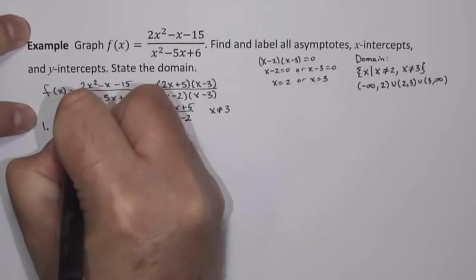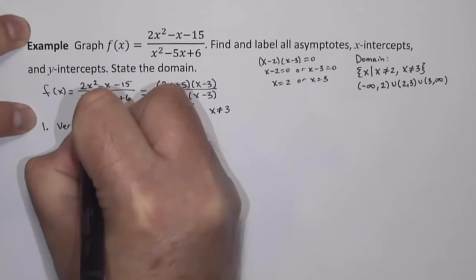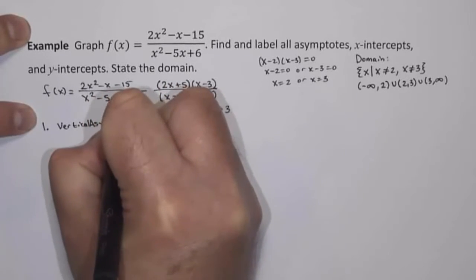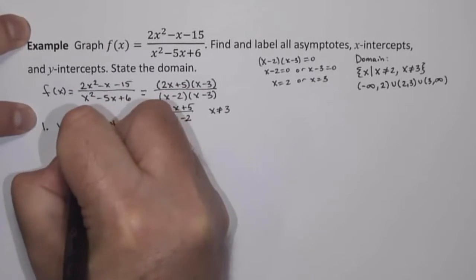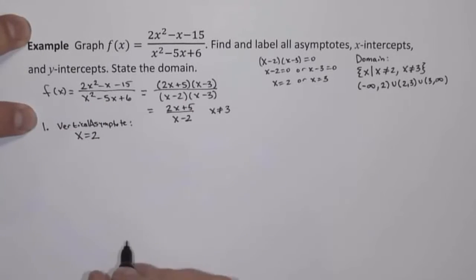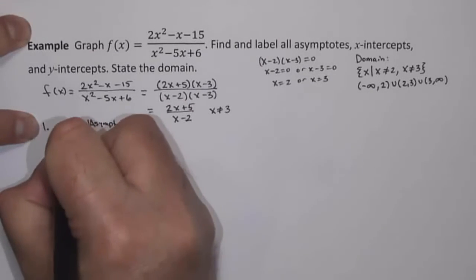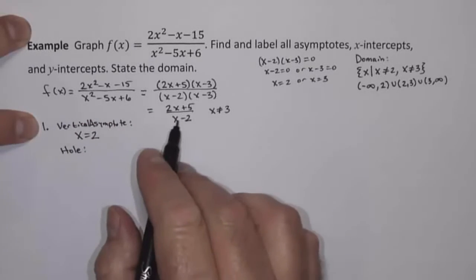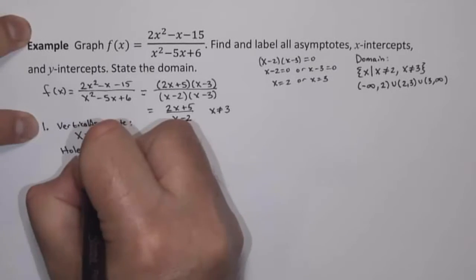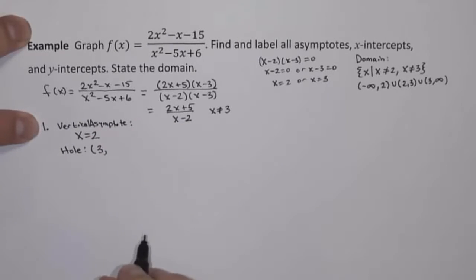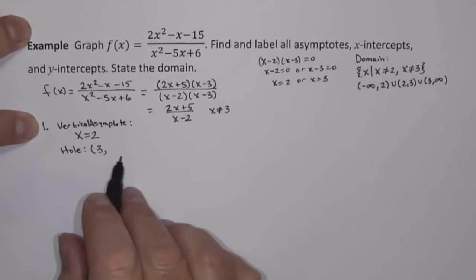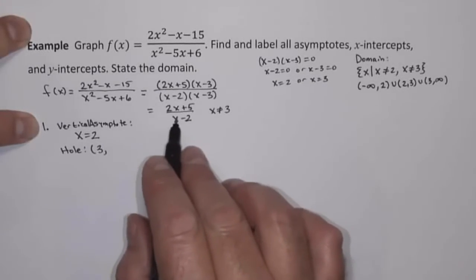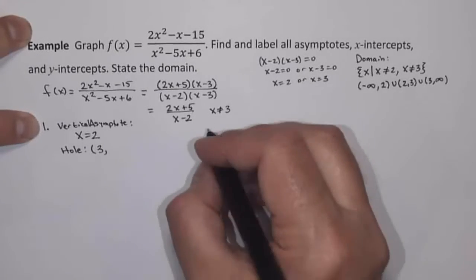So we're going to have a vertical asymptote, and that's going to be the vertical line x equals 2. But we're also going to have a hole in this graph, and the hole in this graph is going to occur when x equals 3. And to figure out what the y-coordinate of that hole is, we're going to substitute 3 in this equation.